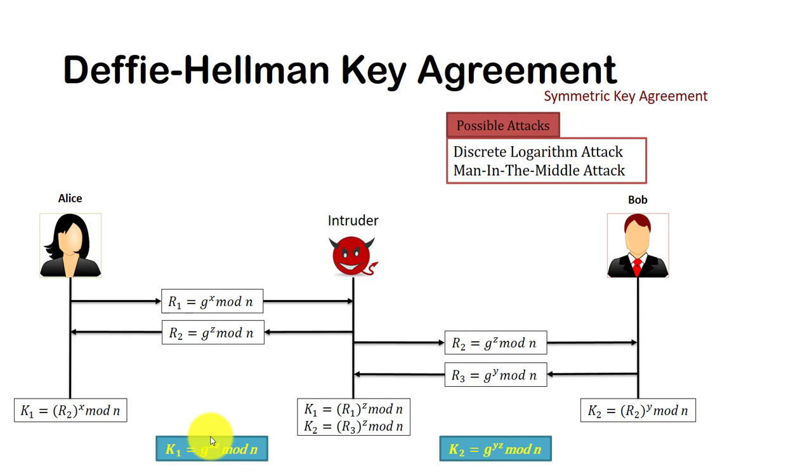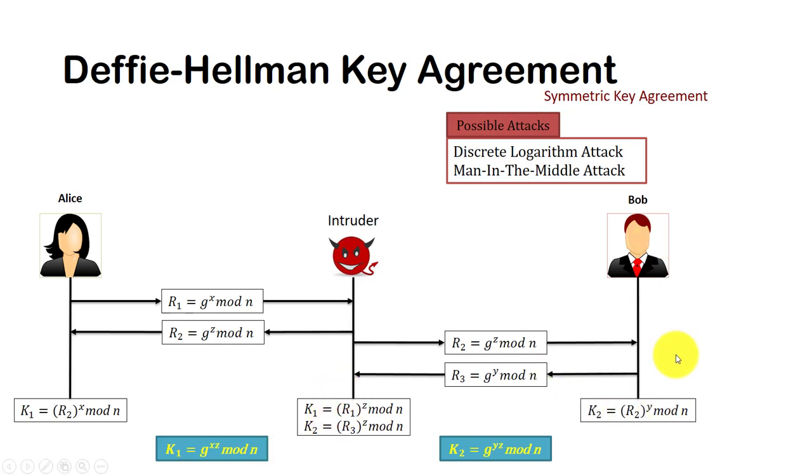Now, based on these key values, whenever Alice sends a message thinking that she is sending a message to Bob, it will be intercepted by the intruder. And since that message is supposed to be encrypted by K1, it can easily be broken by the intruder, because the intruder also has this key K1. The intruder can modify the message or create a new message by himself and use key K2 for encryption.